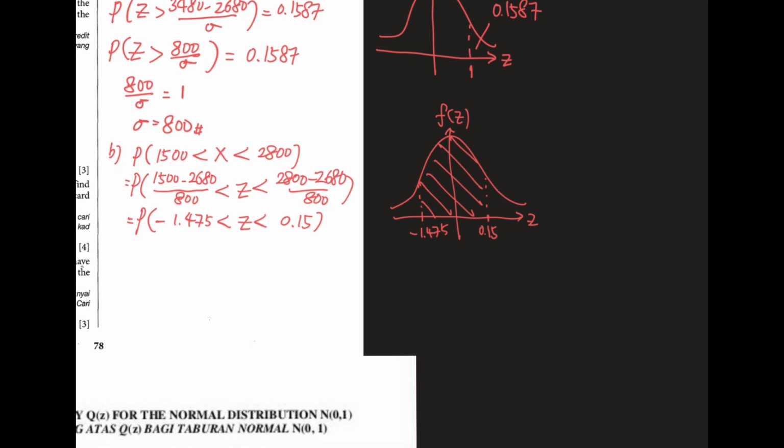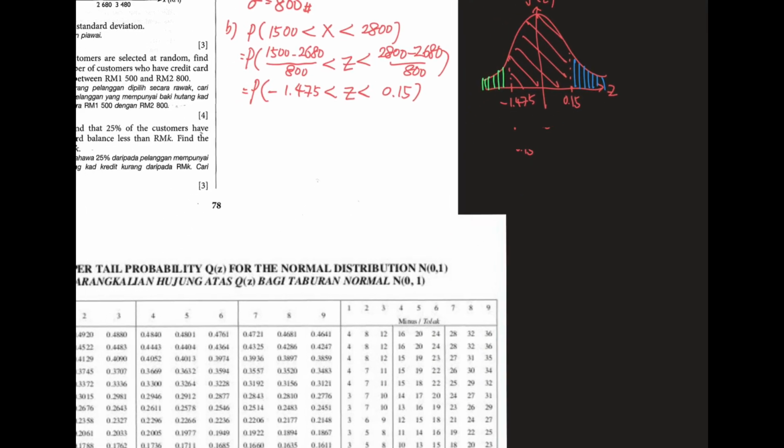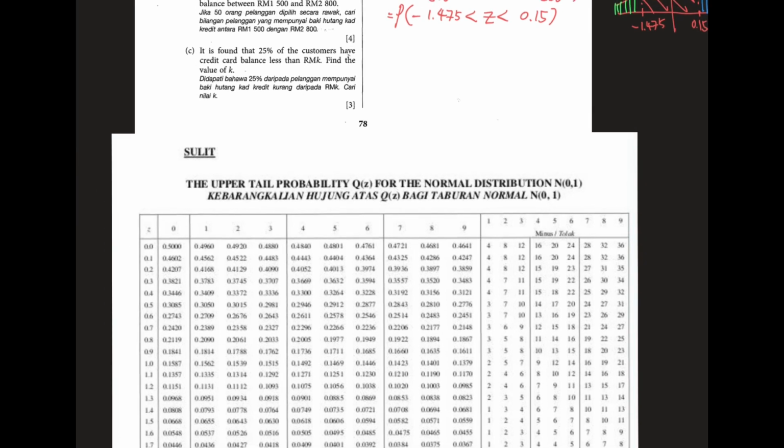If the Z value is positive, the table helps us find the region on the right, which is the one that I showed in blue. If the Z value is negative, then the table helps us find the shaded region on the left. So we just find the two probabilities on both sides first, then we use 1 minus the two values.